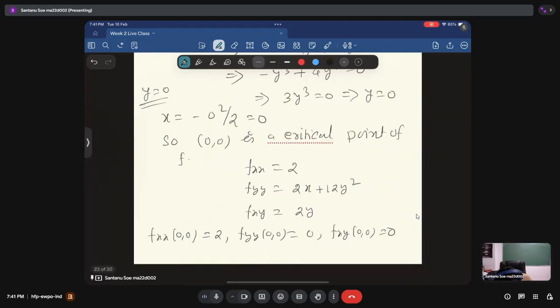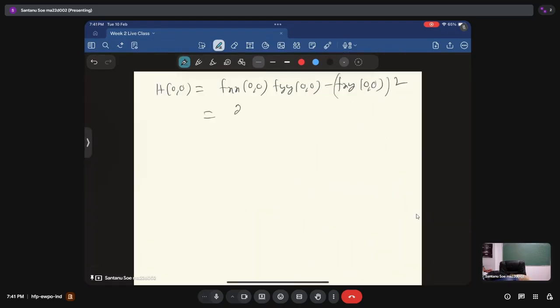So fxx(0, 0) is 2 times 0 minus 0 square equals 0. So now by the second order derivative test, we can say that the test is inconclusive. So that means we cannot conclude anything from here.